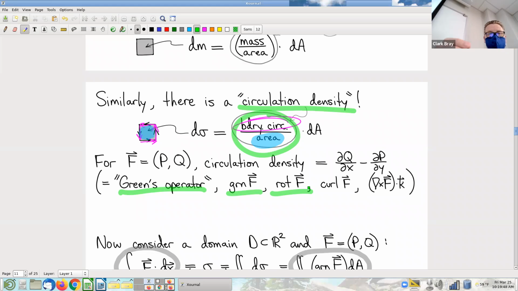Other common notations are ROT, for rotation. If you think about it, why do they call it rotation? Because it is measuring the extent to which the fluid is rotating around, circulating, literally. So that's very reasonable terminology.